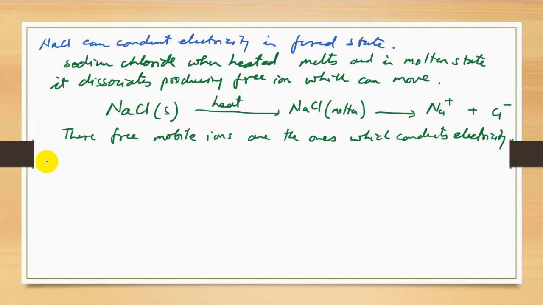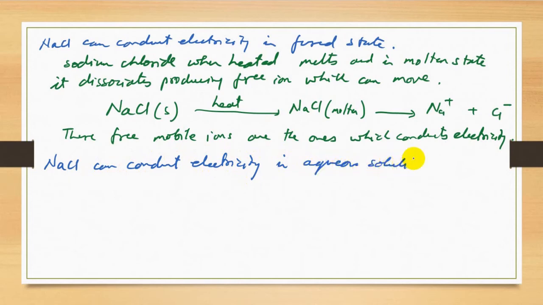So the next one will be NaCl can conduct electricity in aqueous solution. That means when you are dissolving it in water, it can conduct electricity.